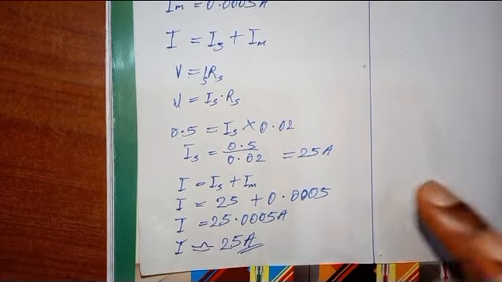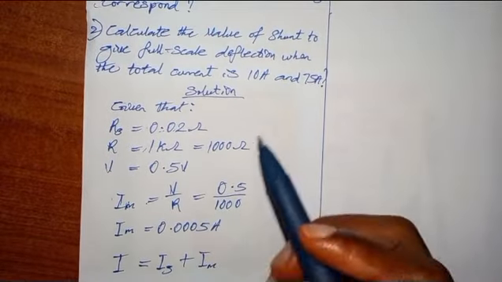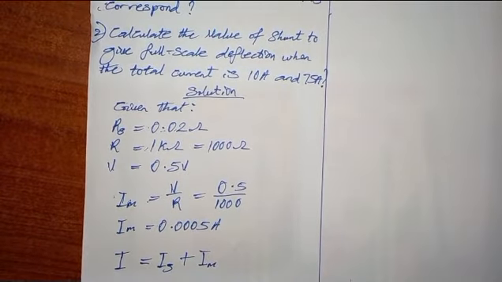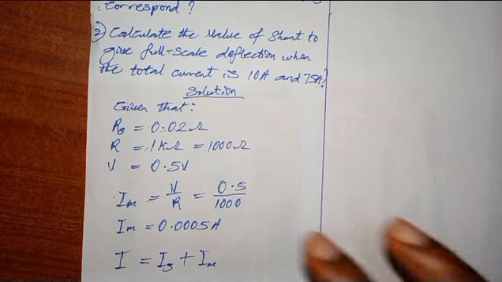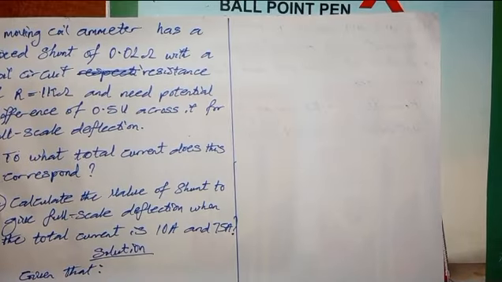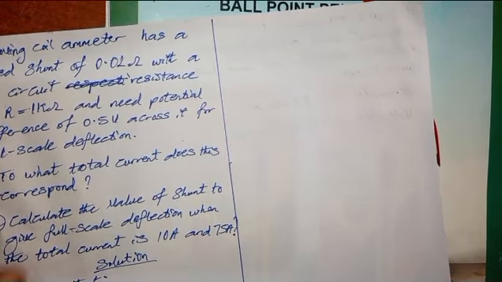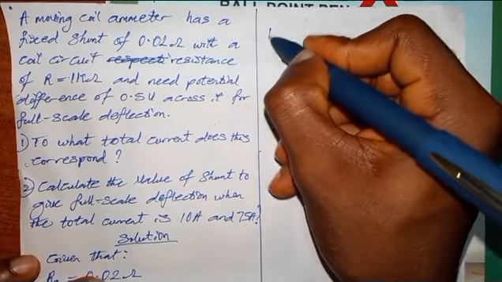Now let's move to the second one, which is calculate the value of shunt to give full scale deflection when the total current is 10 amp and 75 amp. We solve for the first one, which is 10 amp. We first write the formula.